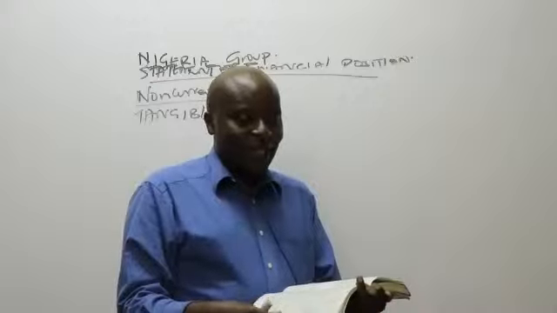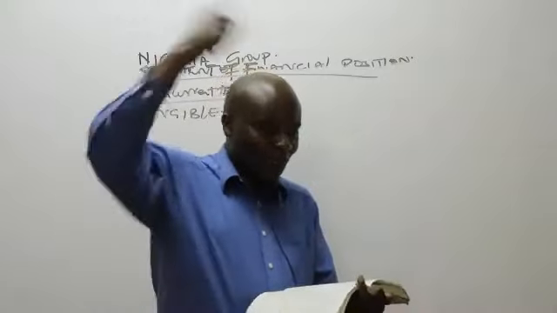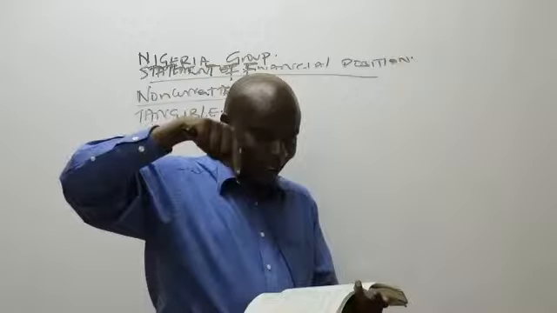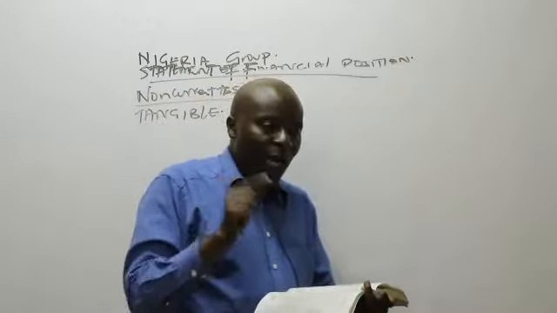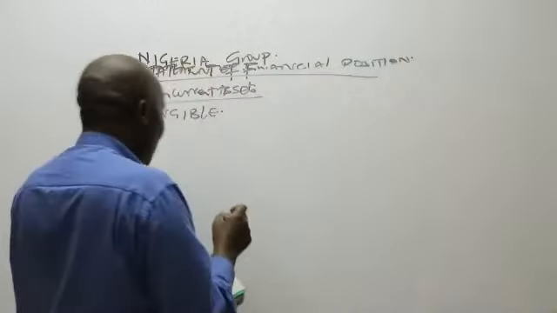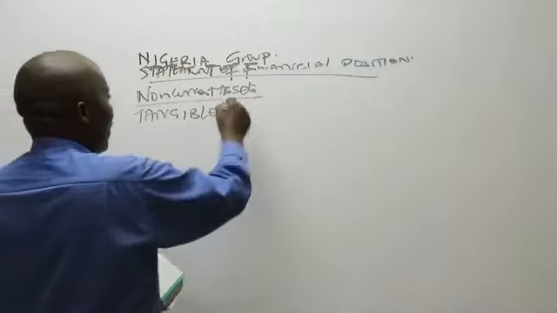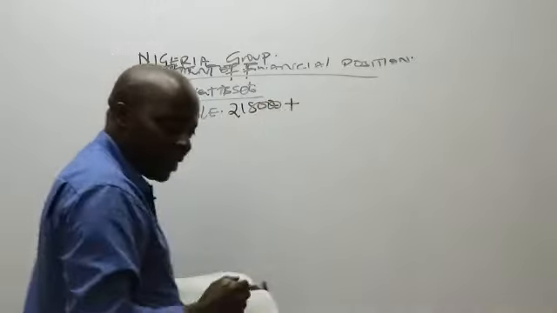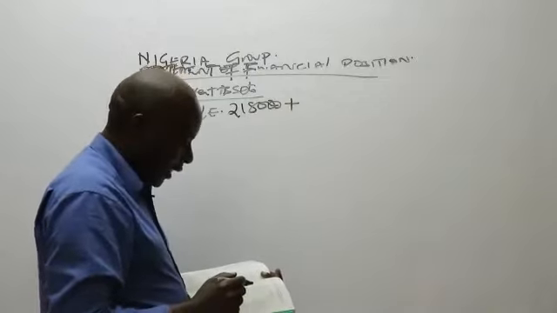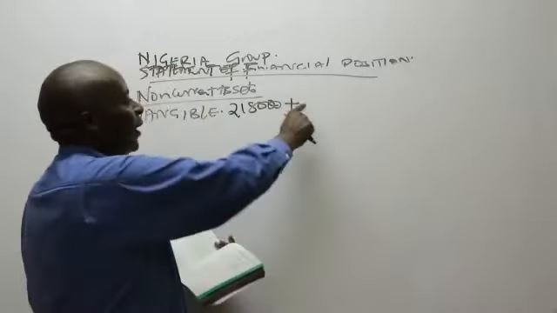I'm taking the one of the parent. Now remember, I've been able to translate the balance sheet of the subsidiary. So for the tangible, if you guys are good, you'll be able to see the figure of the parent is 218,000 tangible. 218,000 plus the one of the subsidiary.